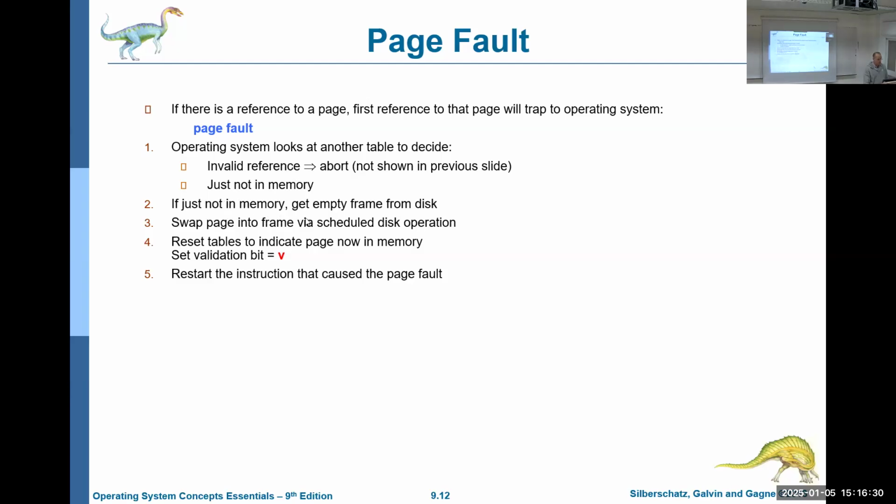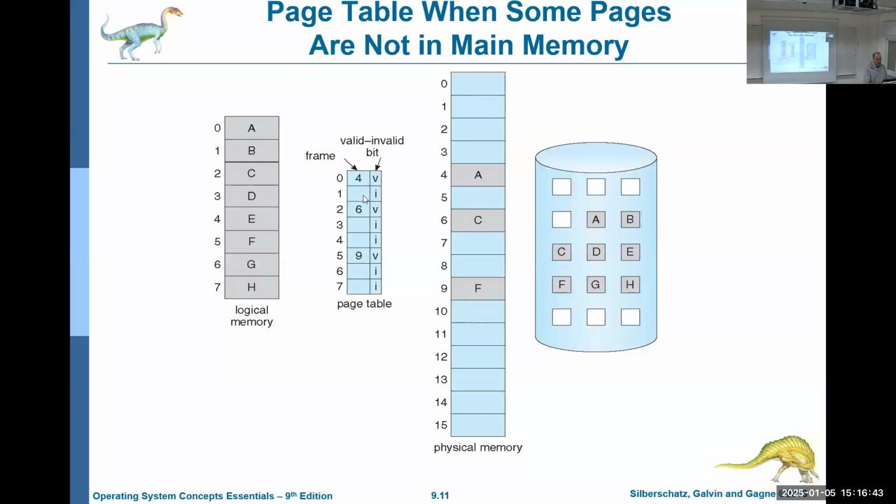If just not in memory, get an empty frame from the disk. Swap the page into a frame via a scheduled disk operation. In other words, let's say he wants to access page B, we're going to have to put B into some memory location. We have to find a free location for it. And it may not be so simple.